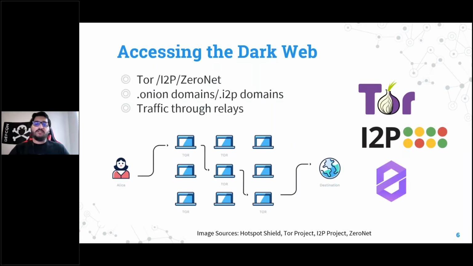The full form of Tor is The Onion Router. The onion analogy here is that the traffic goes through so many layers, so that your IP address or your identity is hidden. If you can see in this image here, the first node doesn't know the identity of the last node, and vice versa.